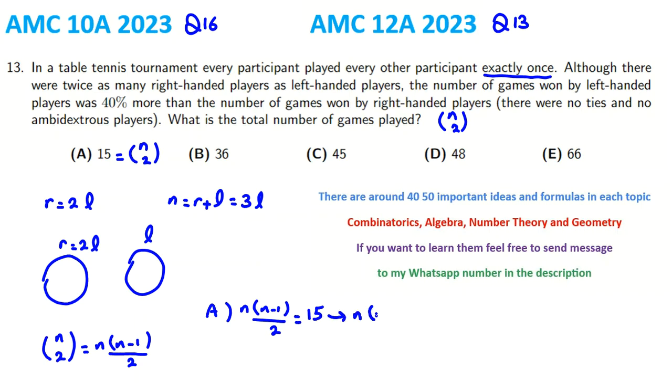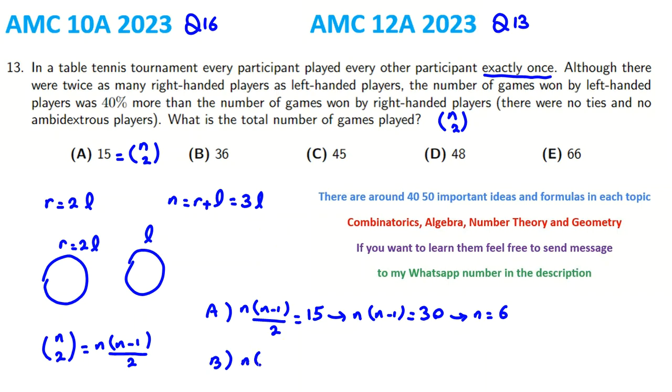So N times N minus 1 is 30, and N is a positive integer, so N is 6. We cannot reject this because 6 is a multiple of 3.